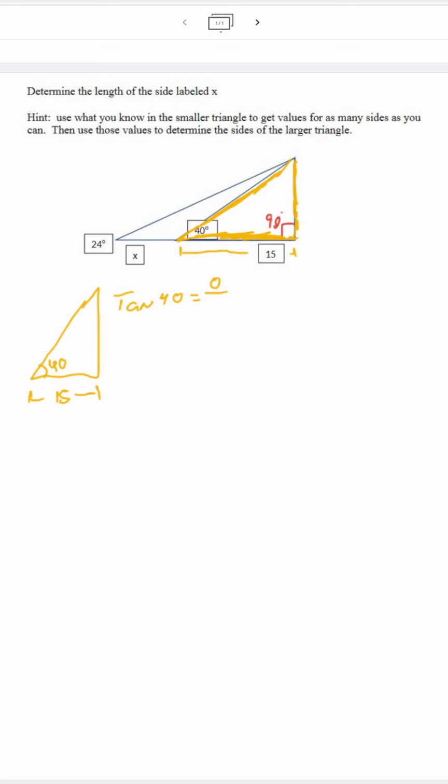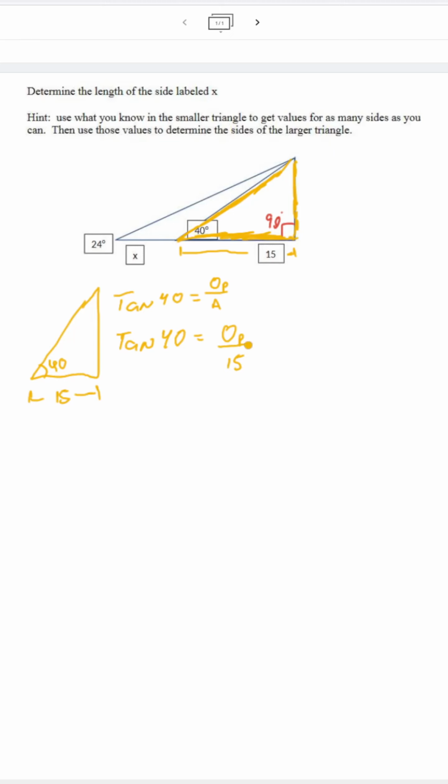Oh, I forgot the word in English, it's the adjacent, right? So this is the opposite side over the adjacent side. And in this case, we don't know what the opposite side is. I'm going to put it like OP because I don't want it to be confused with a 0. So it's the opposite side over the adjacent side, that in this case is the 15.